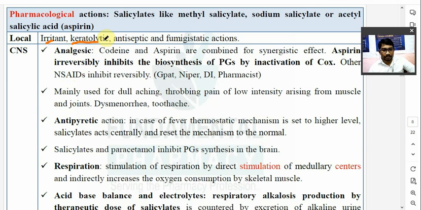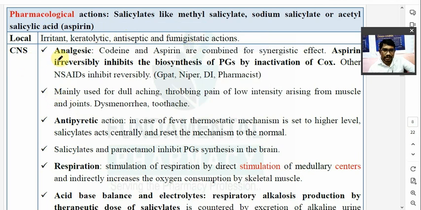It is called a corn. If a corn develops in your foot, there is an adhesive plaster called a corn cap that you have to apply on the developed corn, and that can be removed by salicylates. So keratolytic, it will break down the keratin. They are also antiseptic and they also have fungistatic action. They will also stop the growth of fungus. Locally, when applied, they act as a counter irritant, keratolytic, antiseptic, fungistatic.